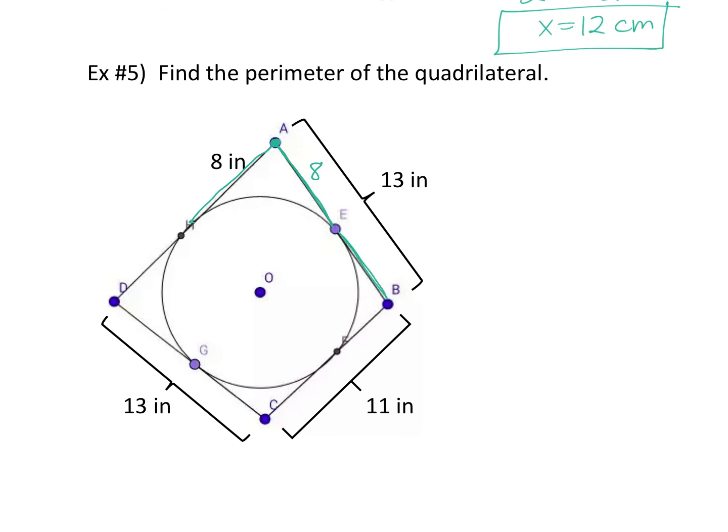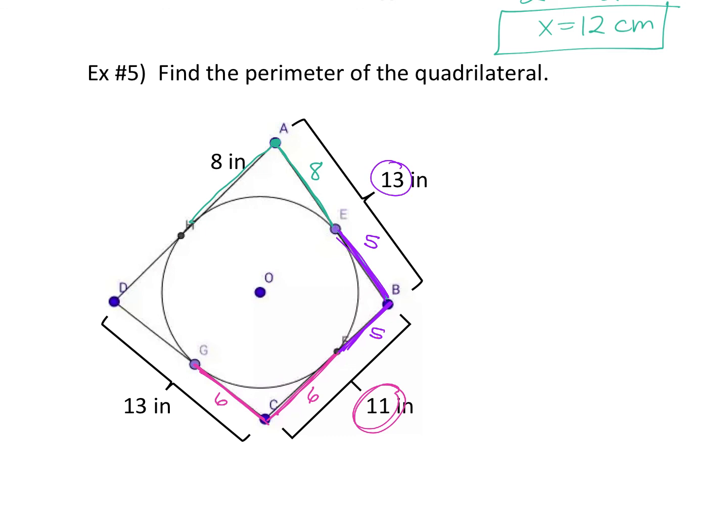What is this length then? That would be 5, right? 8 plus 5 will get you that total of 13. What is this length? Also 5. Those are going to be the same. This is 5. Okay, so then what is this length? To add up to 11, 5 plus 6 will get you 11, meaning this is going to be 6 also, right?